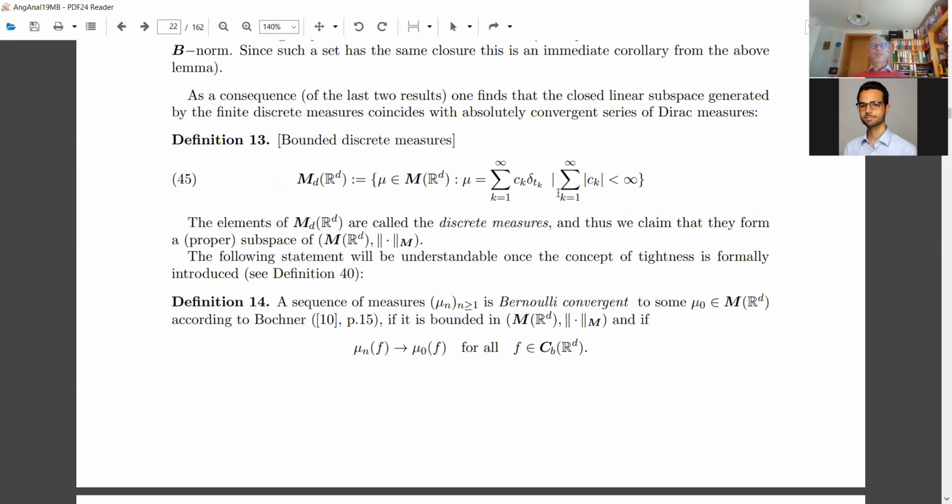And this, in a way, will be dense, but not in the norm sense, because if it would be dense, you would be able to approximate every measure by these things, which would mean that you can write every measure as a discrete measure.